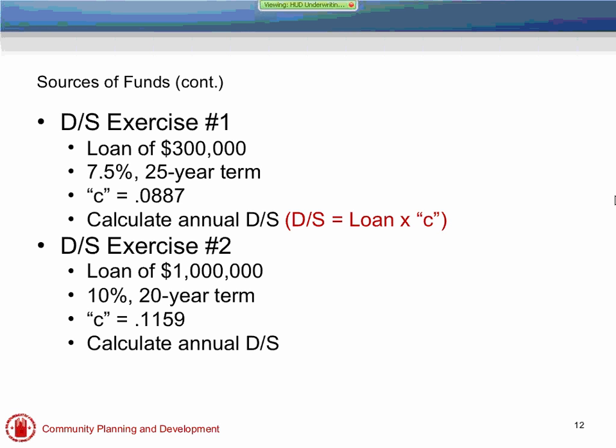So we're going to calculate the debt service. And again, the formula is there in red for you to refer back to. And on exercise 2, the loan is $1 million, a 10% interest rate, but a shorter 20-year term, and our constant is 0.1159. So go ahead and take a minute to calculate the debt services on both of these loans, and then we'll come back if you have questions.